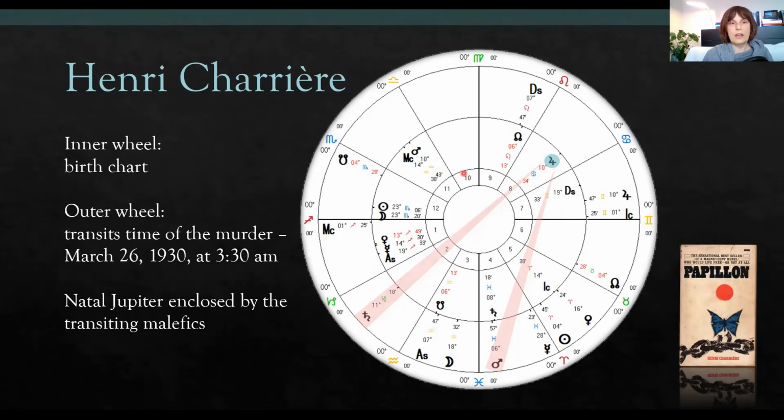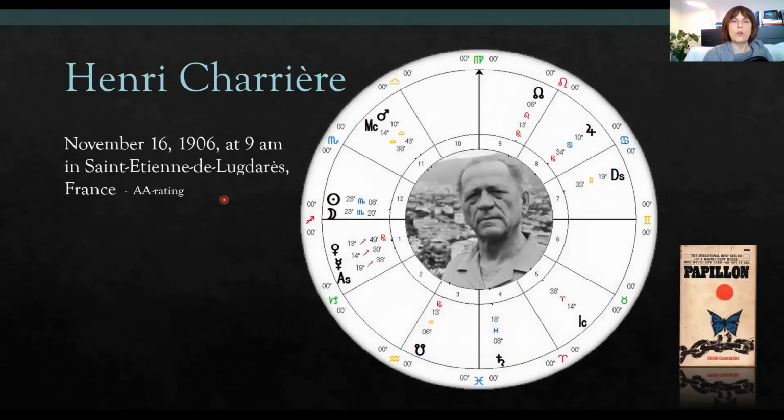He was captured after he tried to escape, and he was put into solitary confinement for 2 years. That's incredible, right? So here's how this enclosure of the helm ruler becomes very literal. Jupiter, as the ruler of the first house, represents his body, his enclosed, imprisoned body.